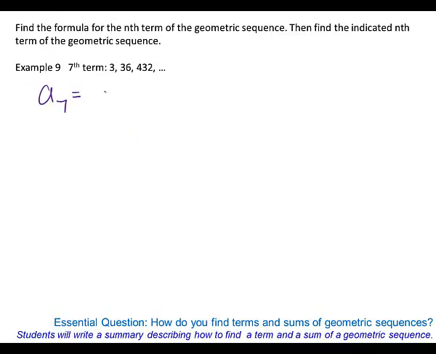What is your a sub 1? 3. Ooh, what's the ratio? Could I figure it out? What would I do to figure it out? 36 divided by 3. Good, which is 12. So my ratio is 12, and then n is 7. What's 7 minus 1? 6. Okay, punch the buttons.